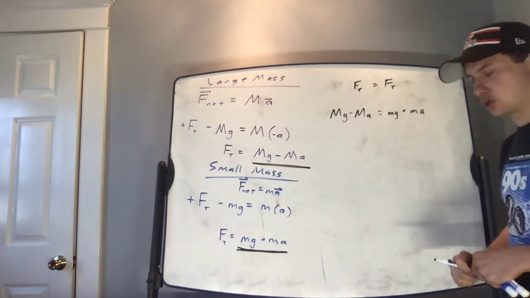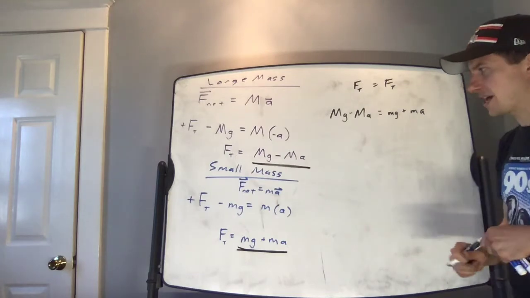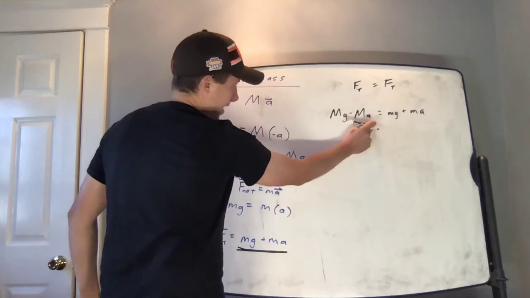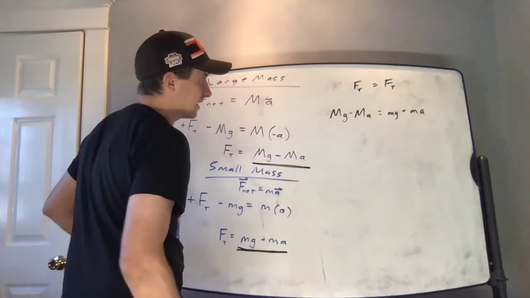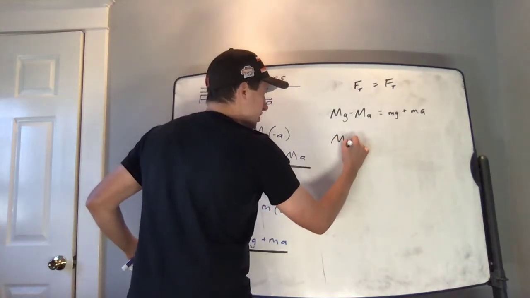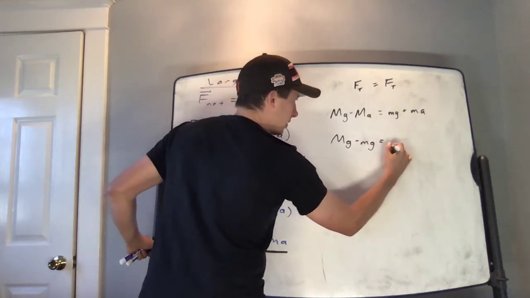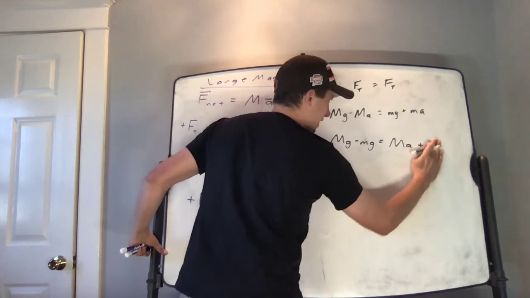It doesn't matter which mass I'm thinking about because we said the acceleration is the same for both of these masses. So I'm going to bring ma to the right-hand side and mg to the left-hand side. So I get big mg minus little mg equals big ma plus little ma.